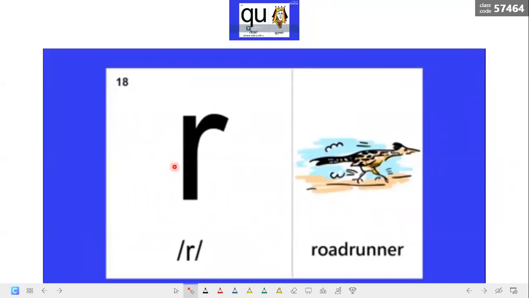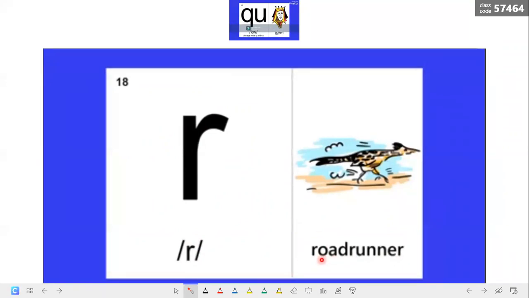Number 18, the R sound. It could be R, like the word road runner. You will notice the consonant R is repeated 3 times.